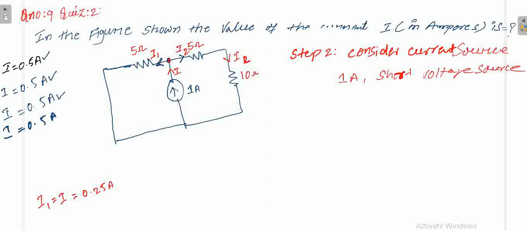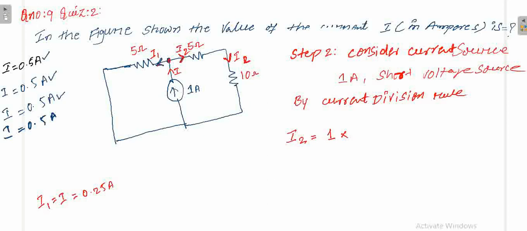So I can apply here the current division rule. By the current division rule, I want to find the current in this branch. Whatever the current, this is the I2. The same amount of current flows, because these two are in series. I want to find this I2. So by the current division rule, I2 is equal to total current I, that is 1 ampere, into opposite resistance.